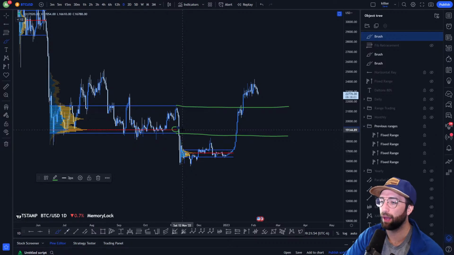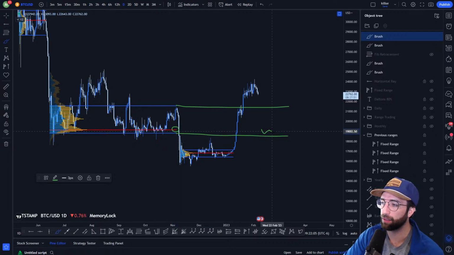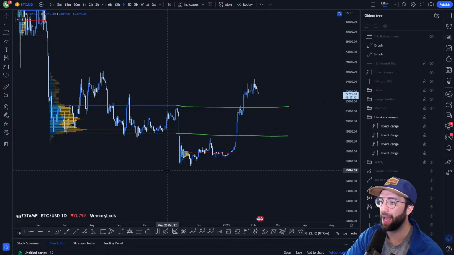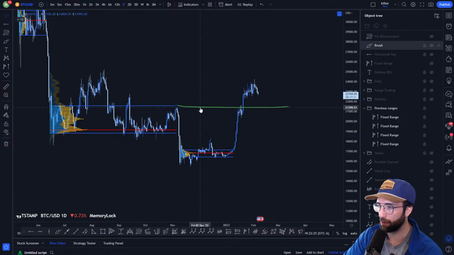We know that the most people who positioned, positioned at that level. So if it were to come back down here, we would expect people to defend their position. We would expect this to act as support, right? It's real data from actual people trading that you can use to analyze and get a better idea of how you want to trade based on that information. So for me, this is a really good area of confluence that I like to use in my trades.